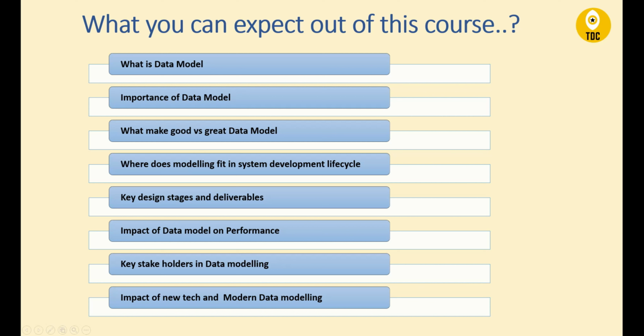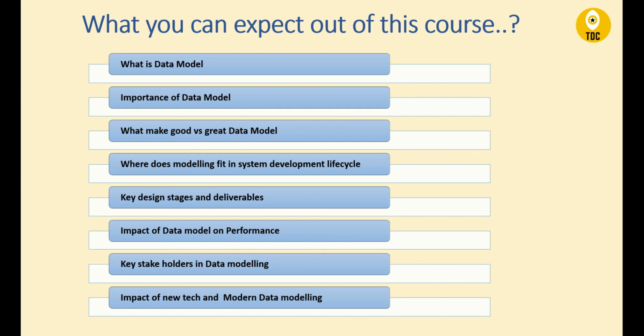And where does the data model fit in the system development cycle? Because you start a project, right? And is it when the requirements are being collected that data modeling comes into the picture, or during the entire life cycle is data modeling important? And you're talking about agile, or you're talking about the waterfall model, so where exactly does the modeling fit into the system development life cycle?